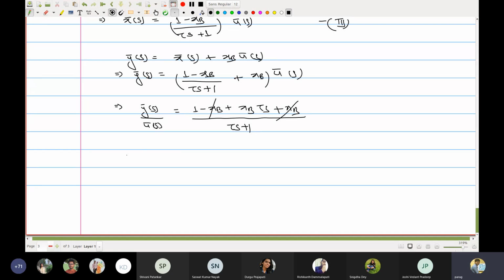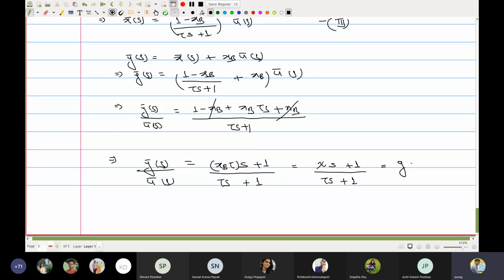So y bar of s upon u bar of s equals xb tau s plus 1 upon tau s plus 1, and I can write this as psi s plus 1 upon tau s plus 1, and this is nothing but the transfer function of the system.